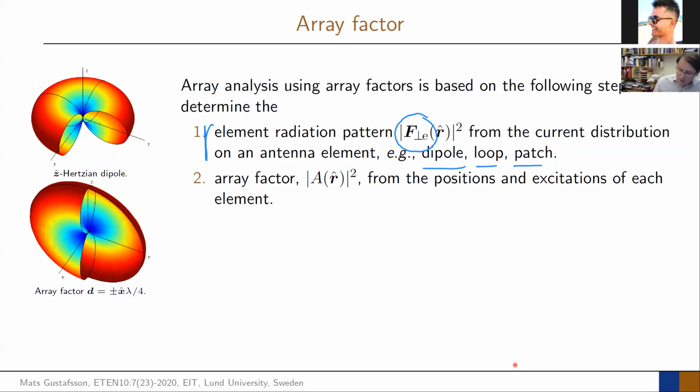And if we see the drawing here, the first one you recognize as a Hertzian dipole, this donut shape. So this is a Z-directed Hertzian dipole that has that pattern.